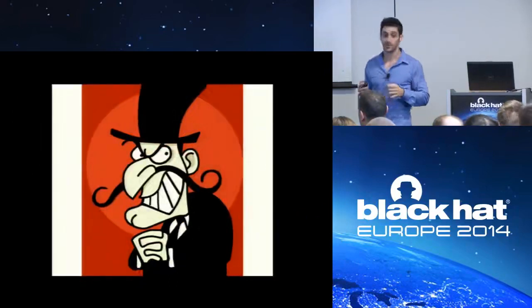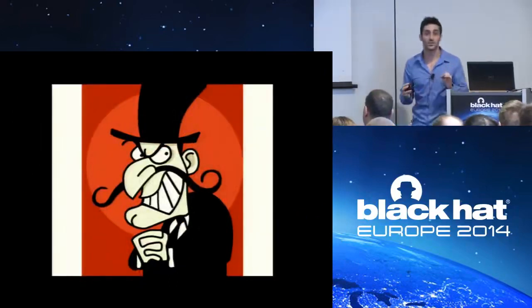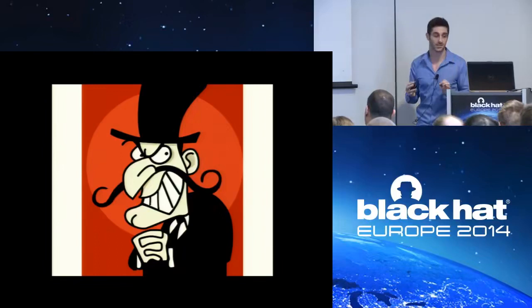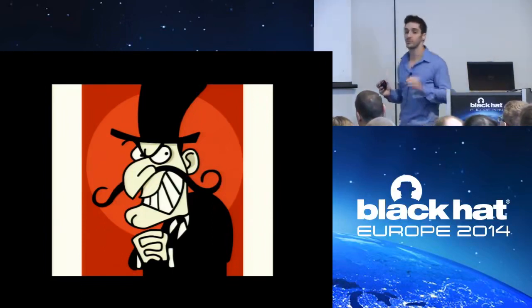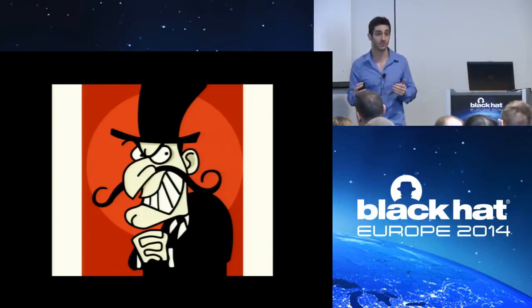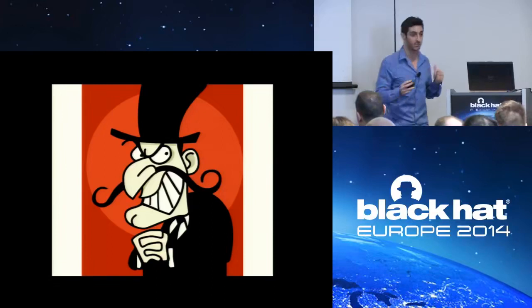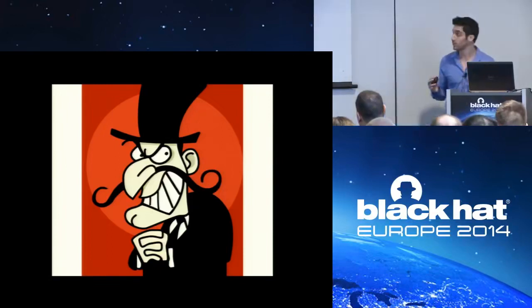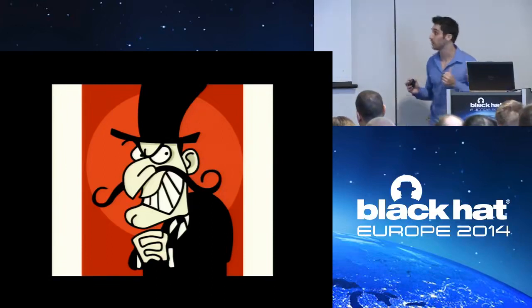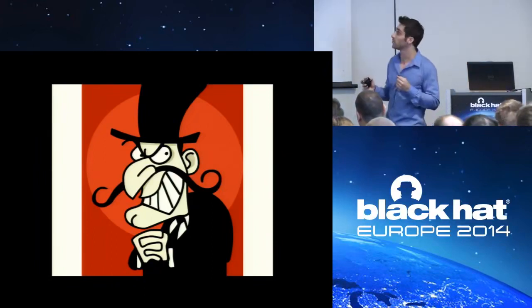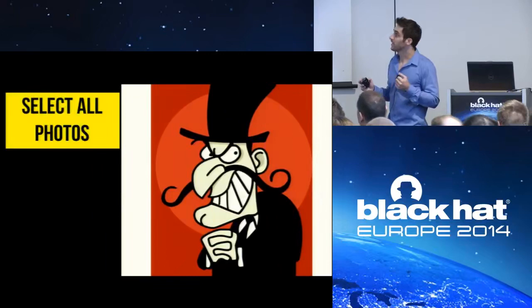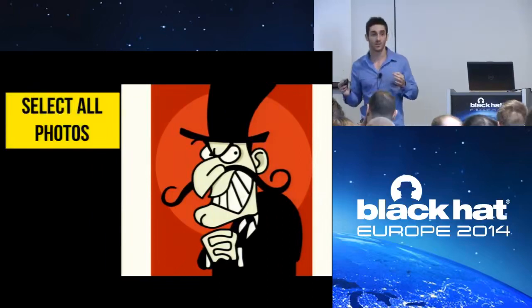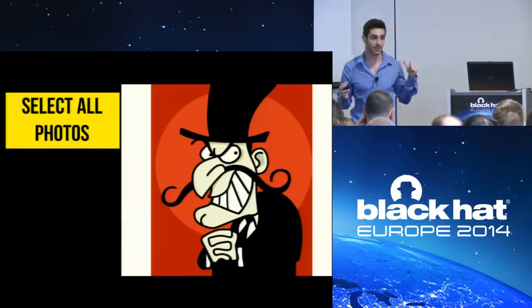So to exploit this, we need to plan our actions. The attacker will need to carefully think and simulate what he wants to do on the user's behalf. And taking the demo you've seen, I'm going to tell you what I did to steal photos out of people's smartphones. So I needed to select all the photos on the user's behalf using this attack.